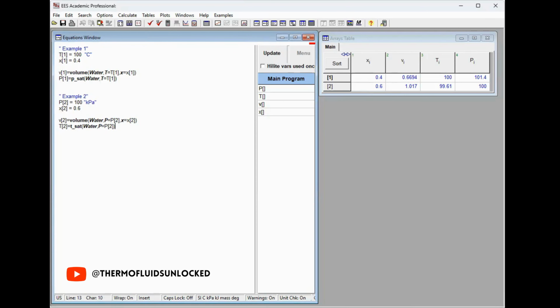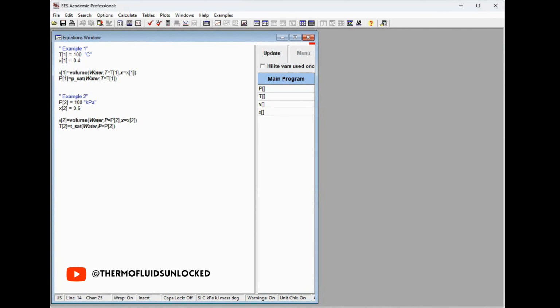Now let's go look at another problem, and I again copy it, name it example 3. Here I am going to give T to you guys, and it's equal to 10 degrees Celsius.